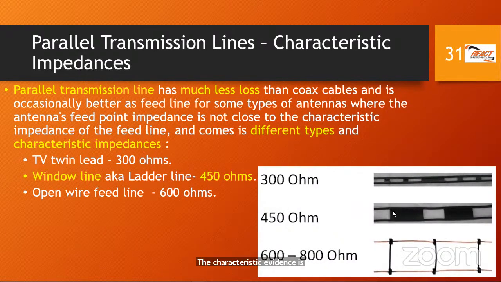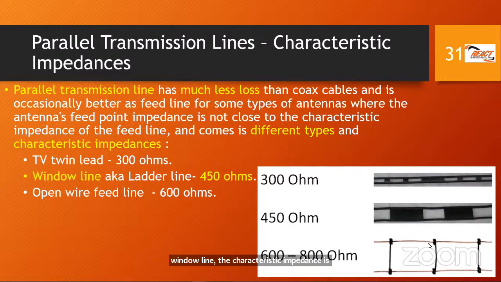For this particular type of parallel transmission line that we actually refer to as ladder line, or for the exam, we're calling it window line. And if you want to know, it looks like a little window here, right? So also called ladder line because sometimes it looks like a ladder. It's 450 ohms, and that's an exam question. Ladder line or window line, the characteristic impedance is 450 ohms.